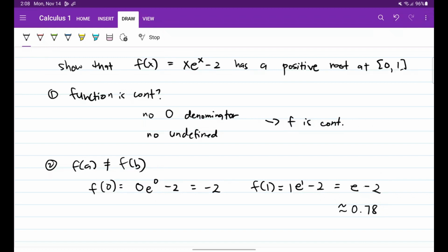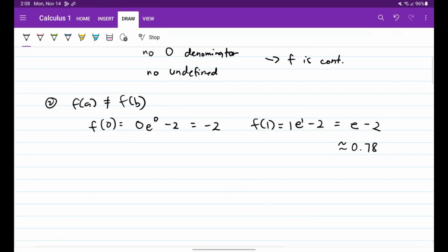Okay? So, note that 0 is between f of 0 and f of 1.